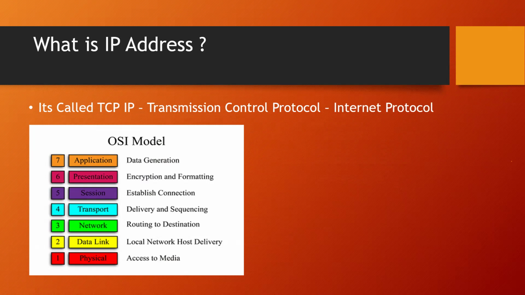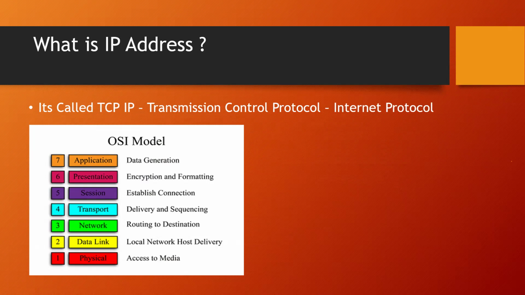What happened in the earlier days is that computers were not communicating with each other. When computers were formed, people realized all computers had to communicate with each other. From that point, networking came into the picture.